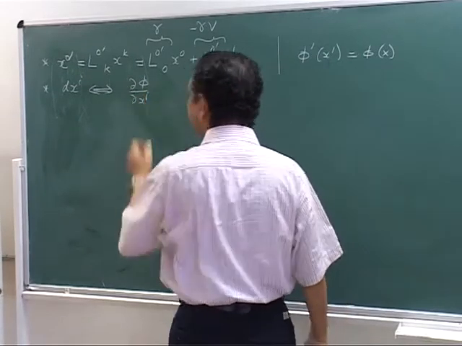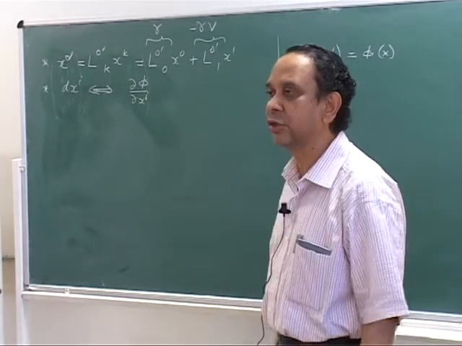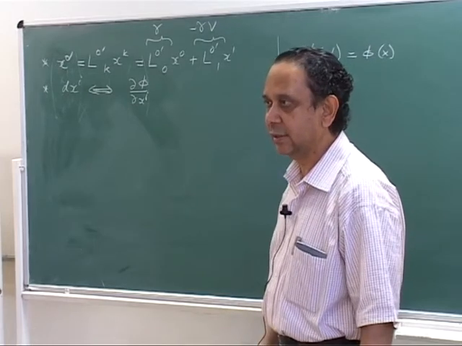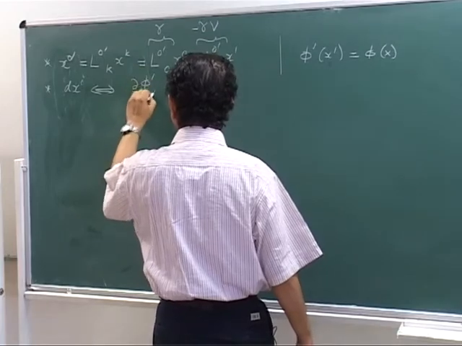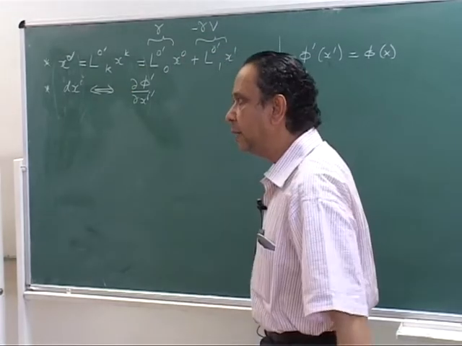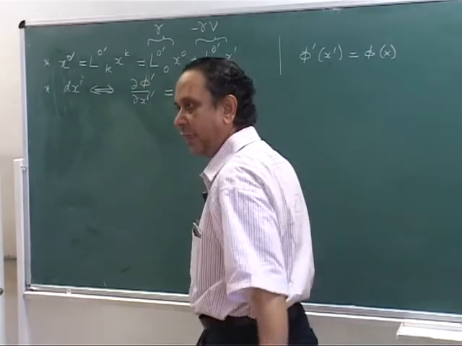Now you look at d phi by dx^i, and you can ask how that is going to transform under Lorentz transformation. That is again very easy, because I want to know what is this quantity, d phi prime by dx prime, but I already know that phi prime is same as phi.